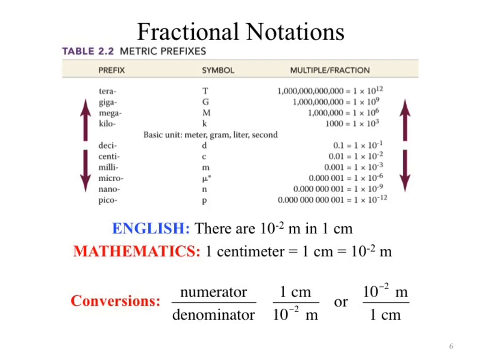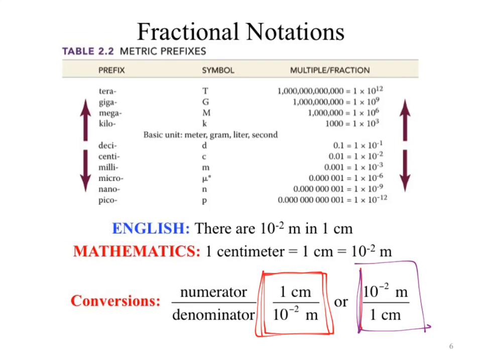To me, that is a conversion factor. That unit fraction now allows me to convert a number in meters into centimeters. Okay? If we take a look at the next one, that unit fraction allows me to convert centimeters into meters.